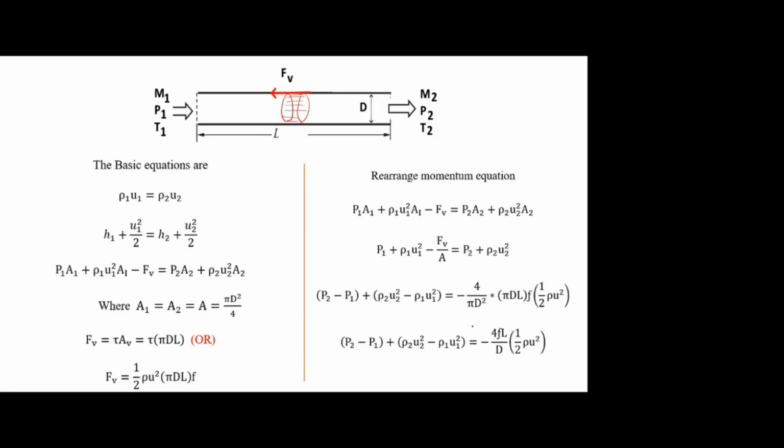They write this equation for that shaded region first, then integrate for the complete length from 0 to L. So assume I'm taking a small distance dx. They write this equation for the small shaded region, then if you integrate you can find it for the long duct. That's how they are proceeding.